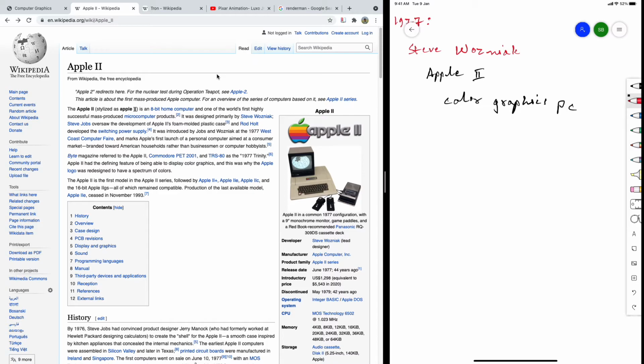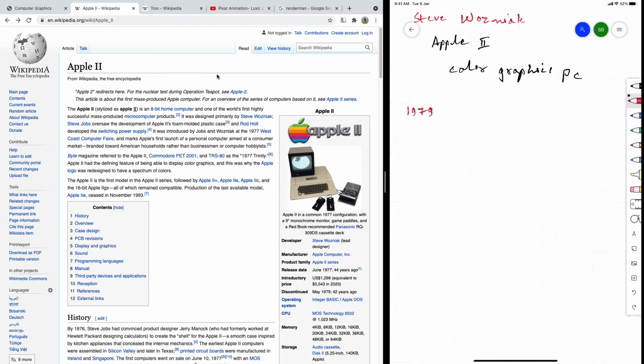Then in 1979, Roy Trubshaw and Richard Bartle released MUD, which was a multi-user dungeon.